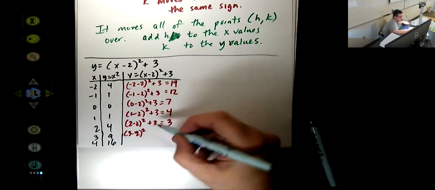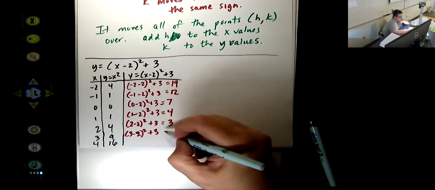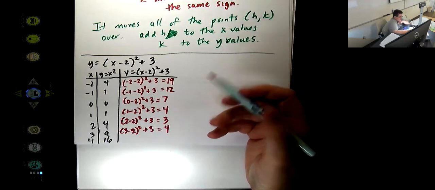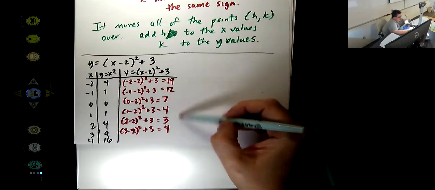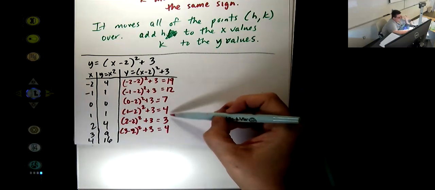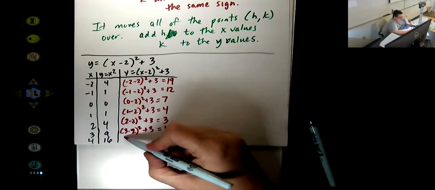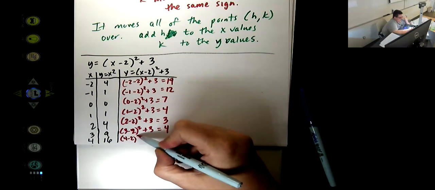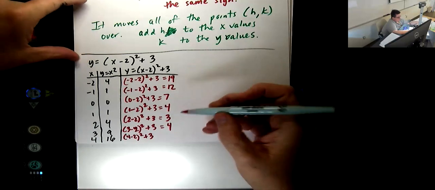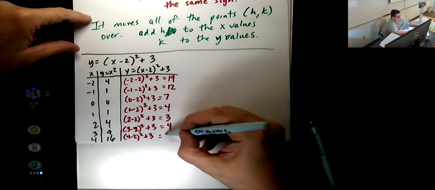Three minus 2 squared is 1 squared plus 3 will give us 4. And now we're starting to see that symmetry. We had the 4, 1, 0, 1, 4, and I've got 7, 4, 3, 4. If we look at 4, we get the 7 here. 4 minus 2 squared, 4 minus 2 is 2, squared is 4, plus 3 is 7.